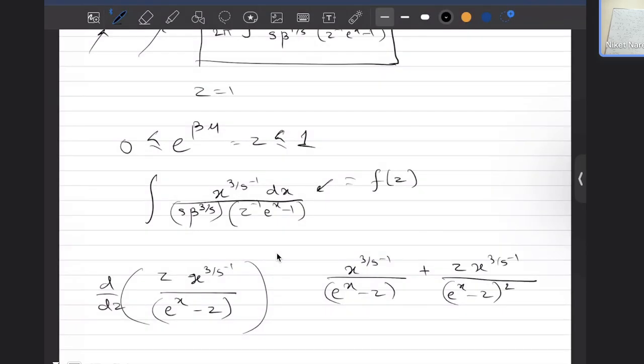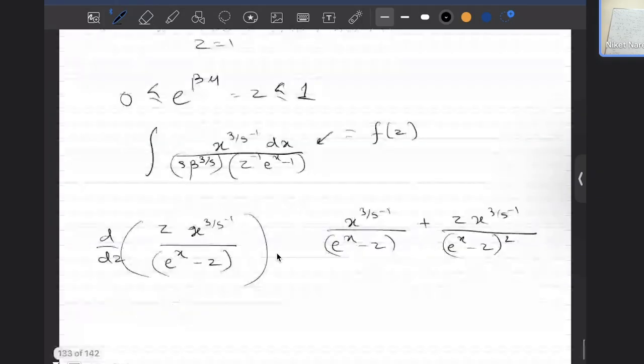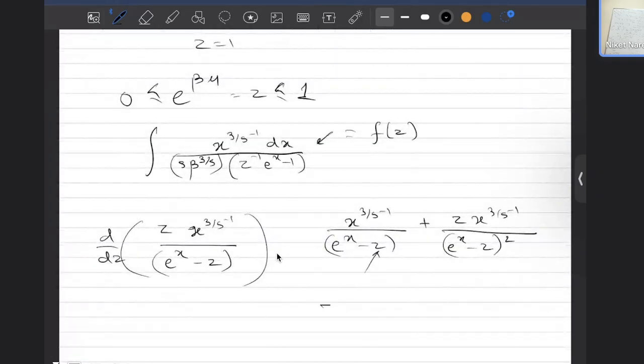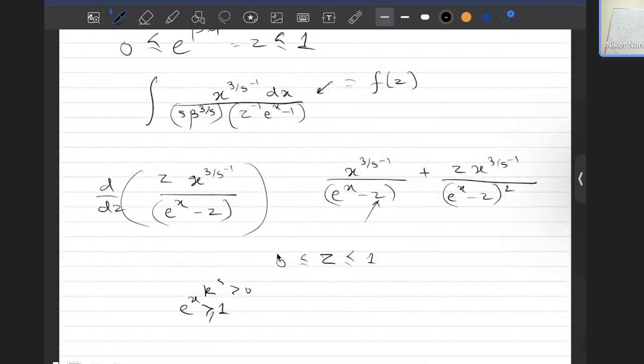Here, z we already know is between 0 and 1 strictly, and k power s is greater than 0. So e power x is always greater than or equal to 1, because k power s is greater than or equal to 0. So this first term is always positive.